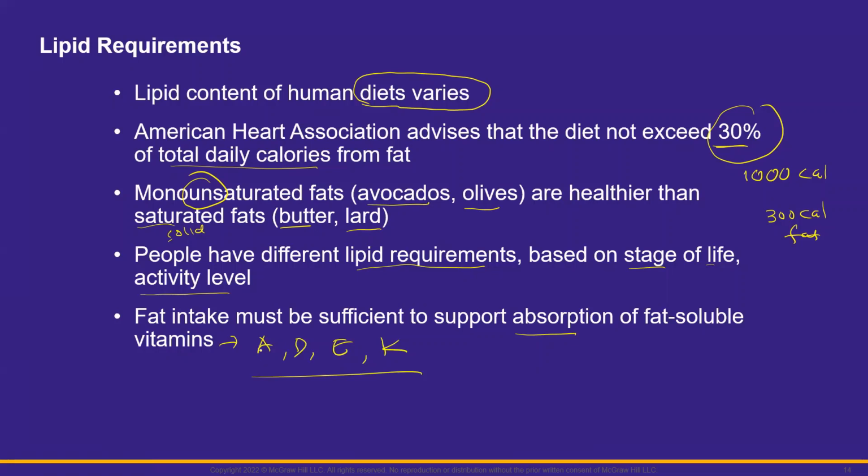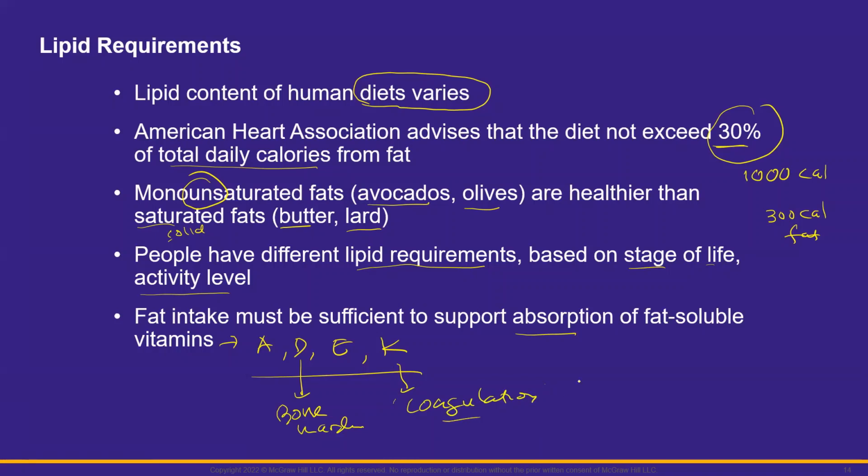And most of these vitamins are really important for our body. Okay, like vitamin D over here, it will make bone harder. Okay, vitamin E, vitamin K, this is part of coagulation in our blood.